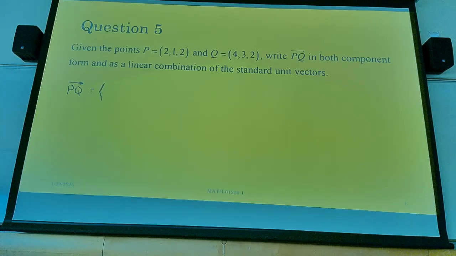So what is that vector in component form? 2, -2, 0.